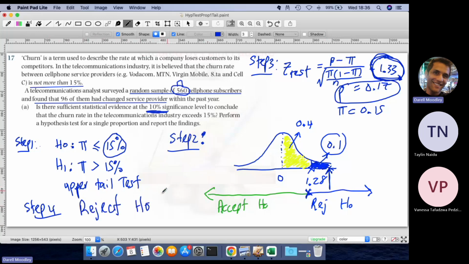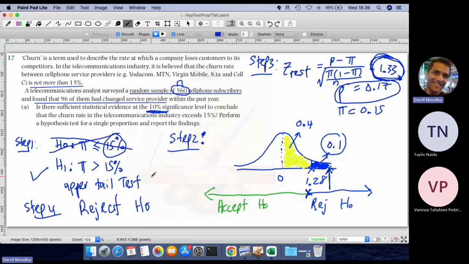And now that you've done this, you can go back and tell management what your conclusion is. So we're rejecting H naught, which means the null hypothesis is not true. So this is what we're going to report back to them. We're going to tell them at a 10% level of significance, the churn rate is above 15%.